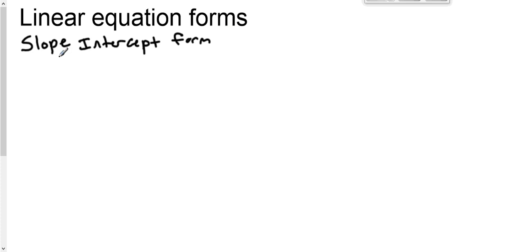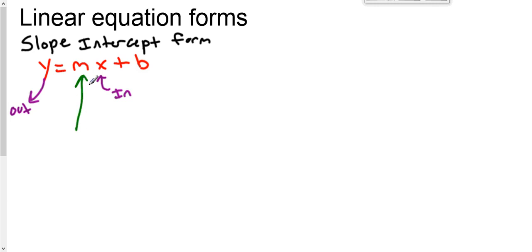And slope intercept form was y equals mx plus b. The y was just our output. The x is the input. That's where we would plug in numbers that we want and see what we get out. Independent, dependent variable.